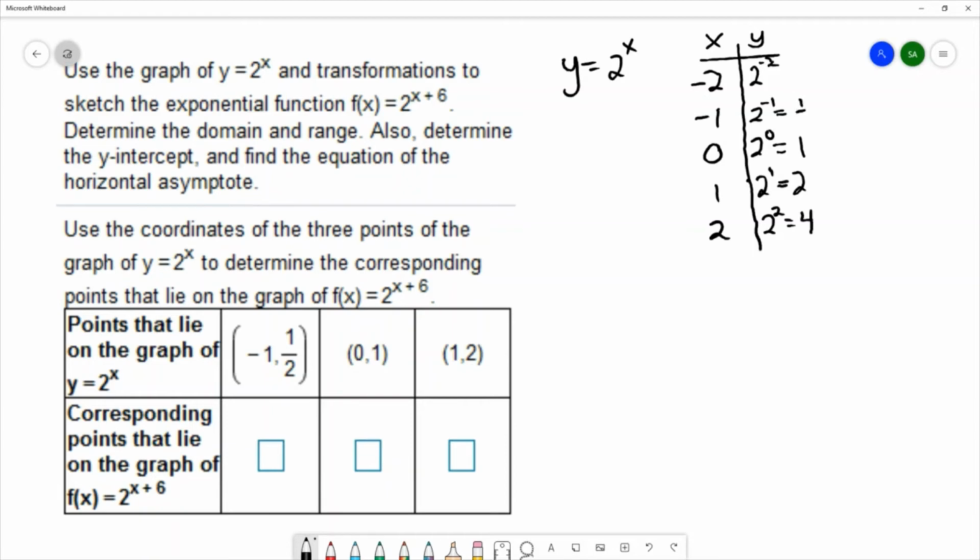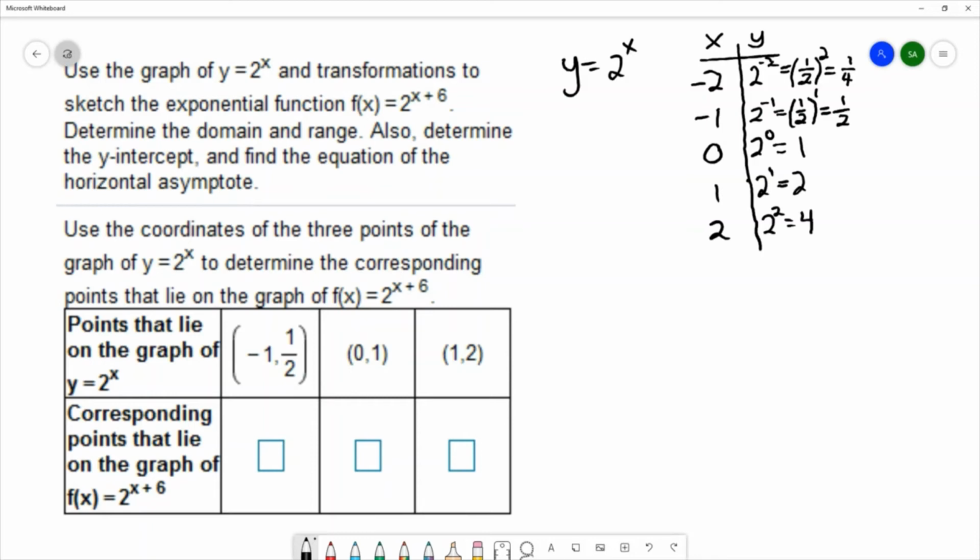Reciprocal of 2 is 1/2. We would still raise that to the first power, and 1/2 to the first power is 1/2. 2 to the -2, that negative still means reciprocal of the base. The reciprocal of 2 is 1/2. Raise that to the second power, and we get 1/4.